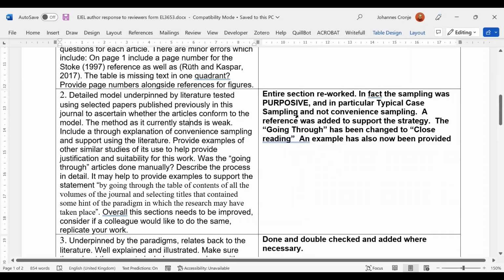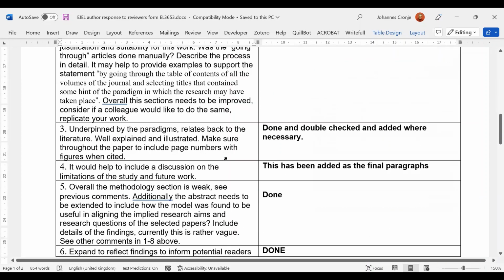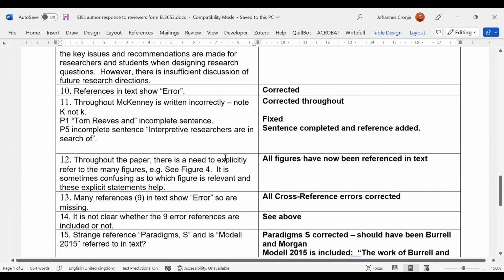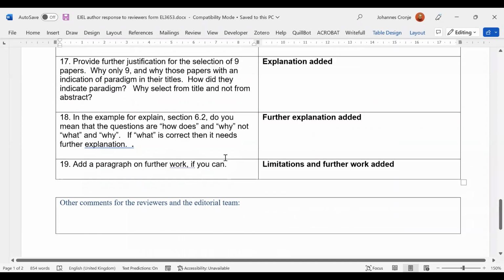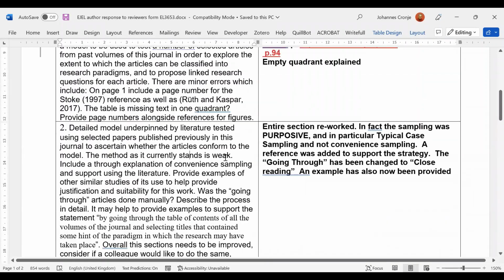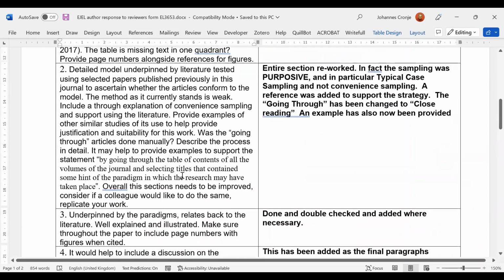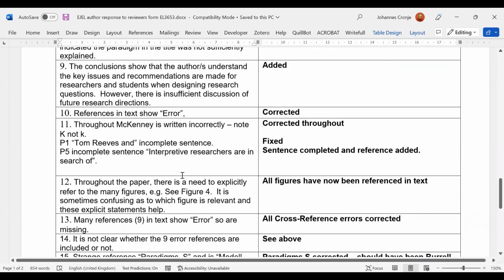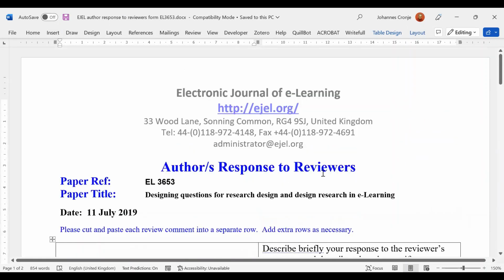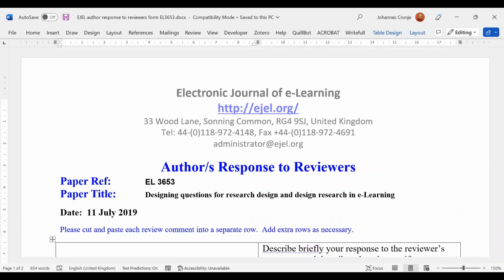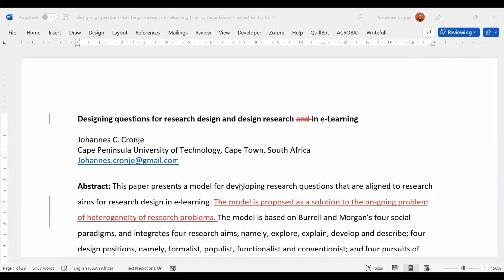So I just cut and paste all the things that I did and then put this inside this table. You'll remember that in my notes, in my response, when I went through the reviewer comments, I typed in my responses there. So it comes into a table like this, and then the table goes off to the journal together with the article with track changes that I'm going to show you now.